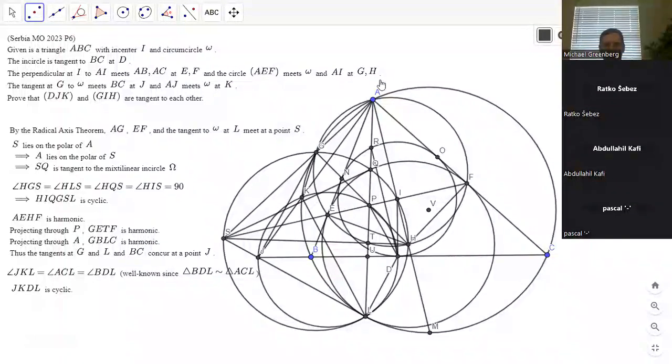I want to show GPA is half of GJL. And GPA is 90 minus GAL. I want to show that 90 minus GAL is half of GJL. Is that obvious? Because it's harmonic? I think it might be. Yeah, I think that's true just because it's harmonic.